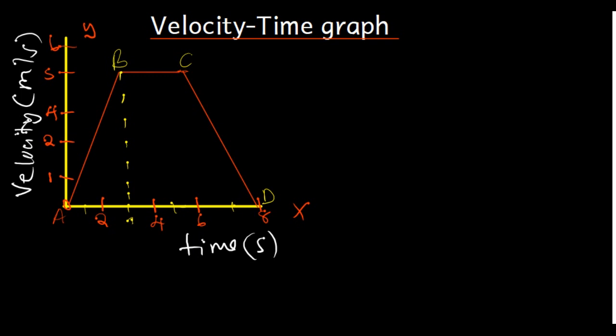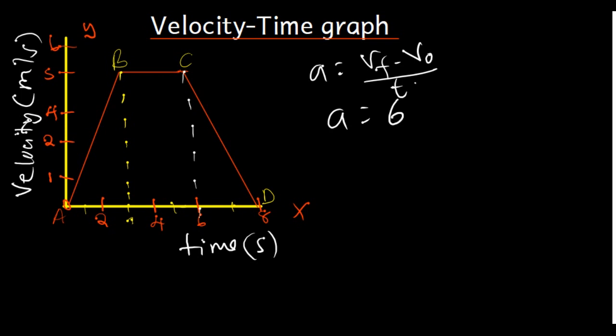Let's say we want to find the acceleration. We know that acceleration is v final minus v initial over time. The time we're talking about is the time between B and C. The final velocity is going to be 5, sorry, I mean the velocity, that's not time. So the final is going to be 5 minus the initial, which on the same line is also 5, divided by time.